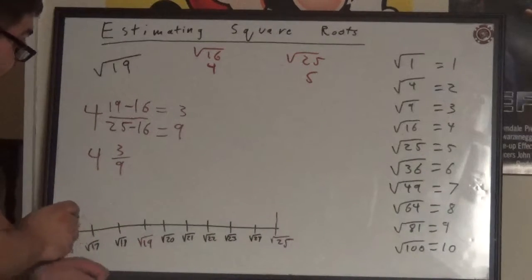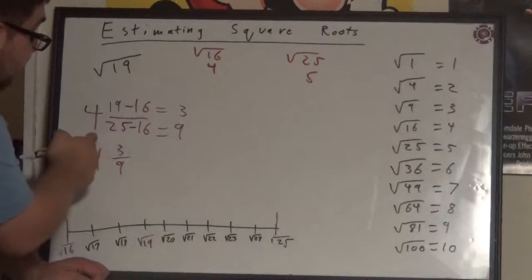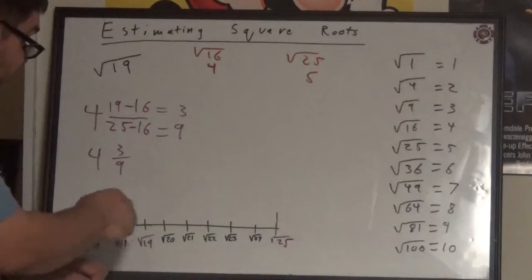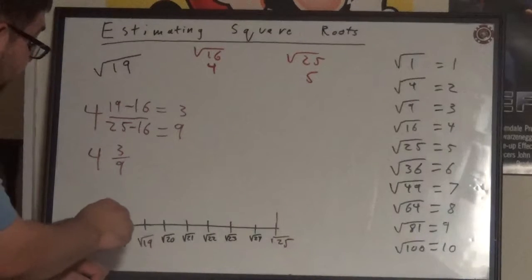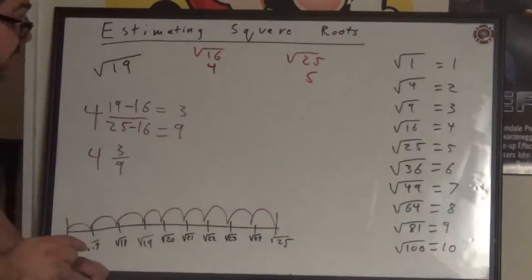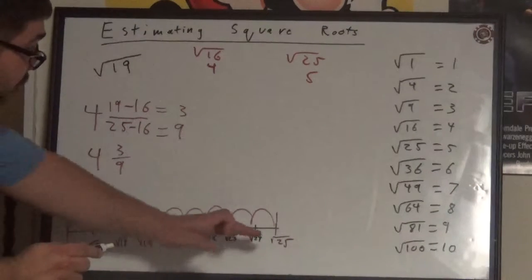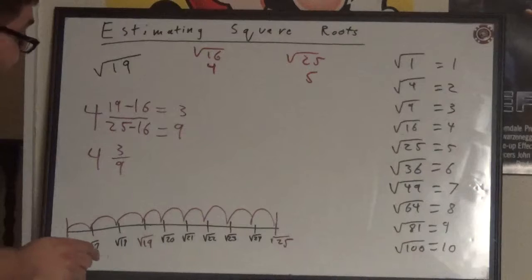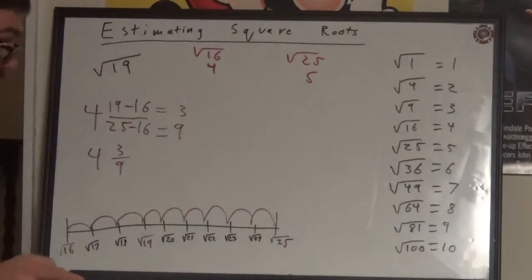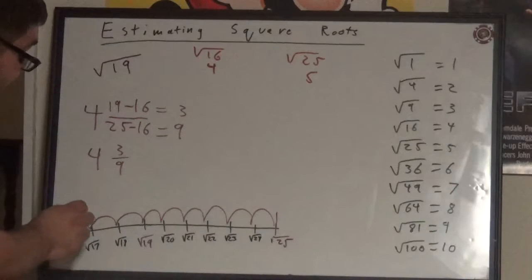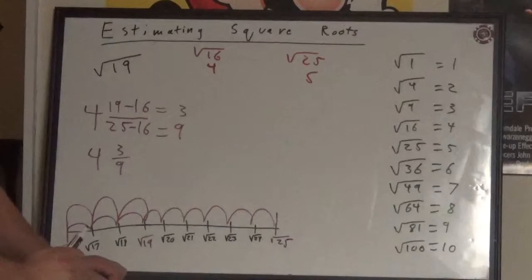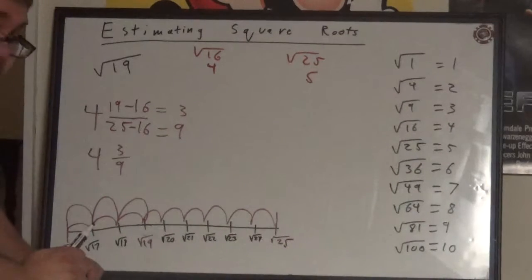The whole area we have between 16 and 25 is 1, 2, 3, 4, 5, 6, 7, 8, 9. 9 total numbers, and our part, the numerator, is 16 to 19: 1, 2, 3. And that's where we get the 3 out of 9.